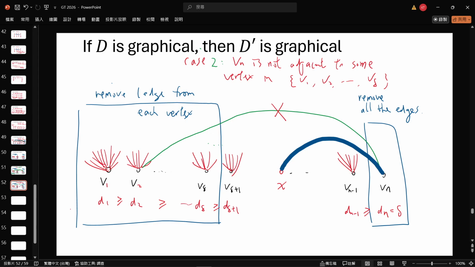And if some vertex in this set is not adjacent to Vn, it means there must be some vertex outside this box, like x, and x is adjacent to Vn.